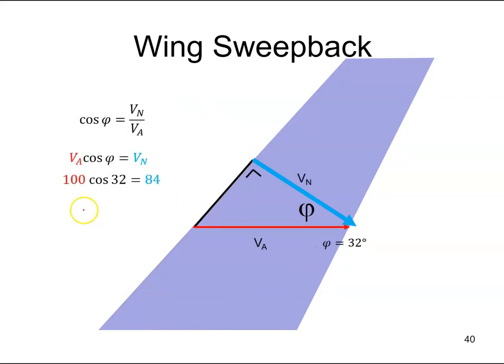Now if I want to look at what effect that has on the airflow that's normal to the leading edge of the wing, let's assume we have a velocity VA of 100 meters per second and a sweepback angle of 32 degrees. Then the airflow that's normal to the wing is 84 meters per second.